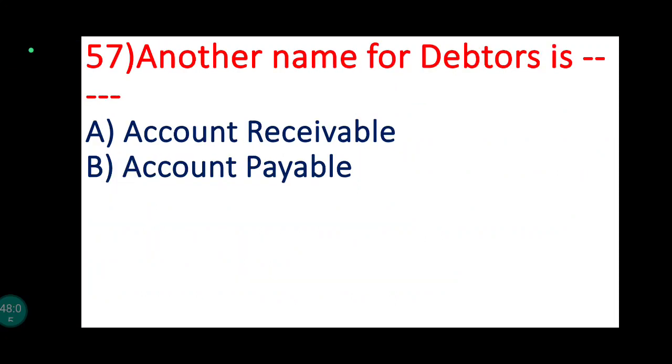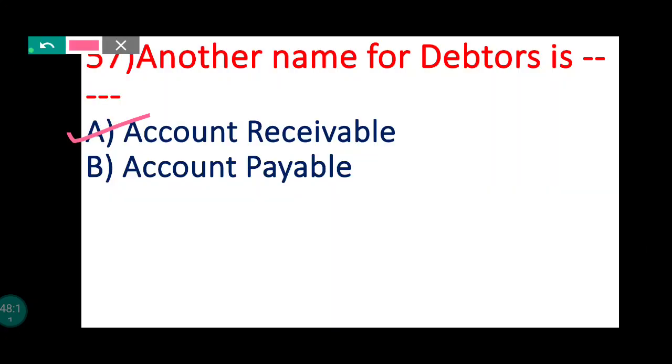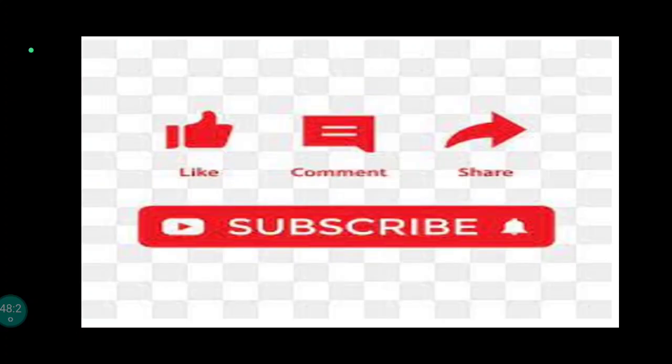Another name for debtors is, what is the other name for debtors? It is accounts receivable. Next, another name for carriage inward, it is carriage on purchases. Carriage on purchases.